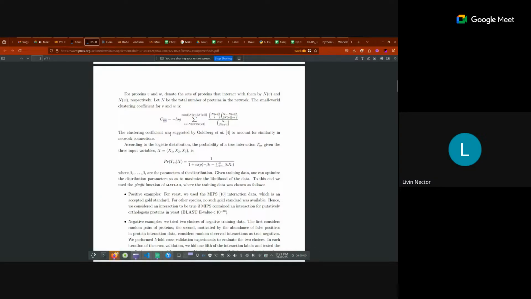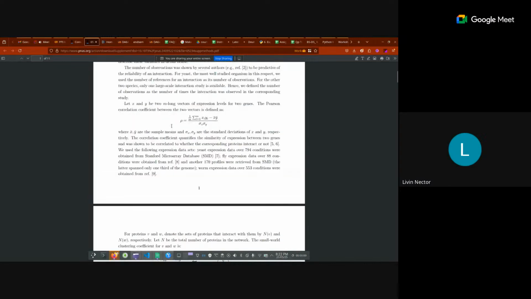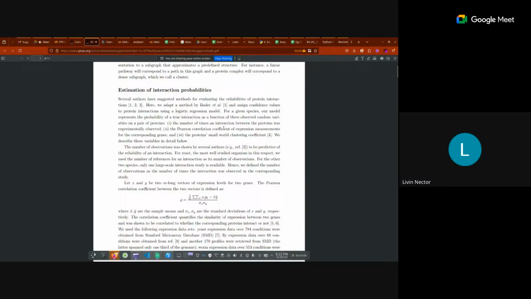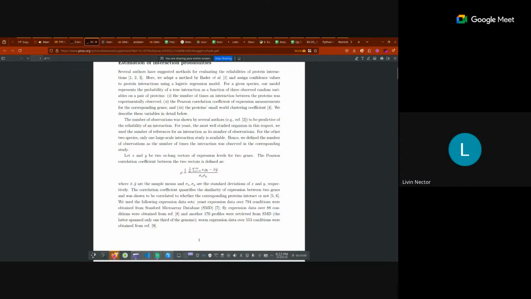For each pair of proteins, we'll have three features: x1, x2, x3. The number of interactions and the coefficients can be called x and y.